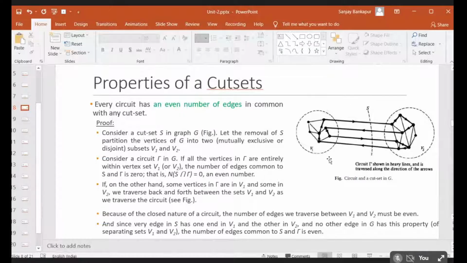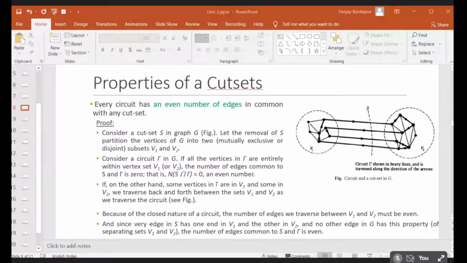The first subgraph has vertex set V1, and the second subgraph has vertex set V2. So let the removal of S partition the vertices of G into two subsets V1 and V2.